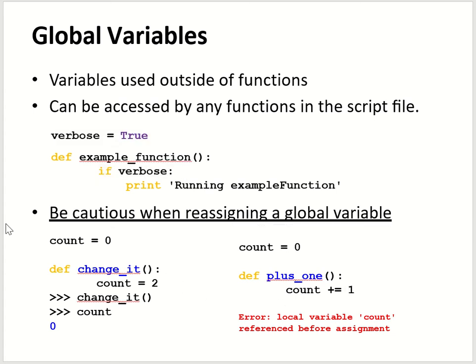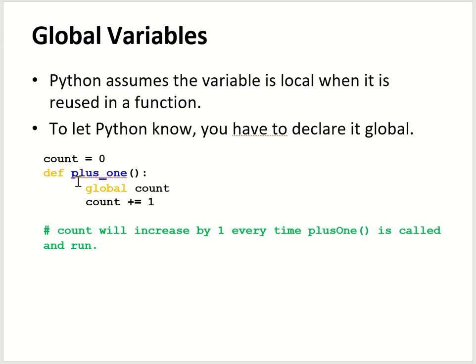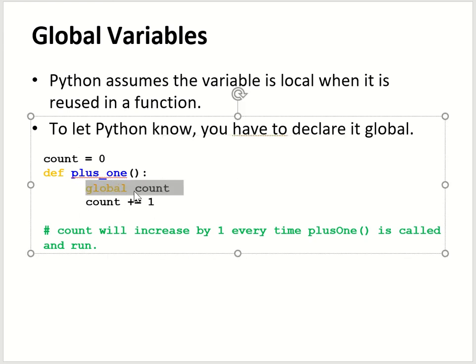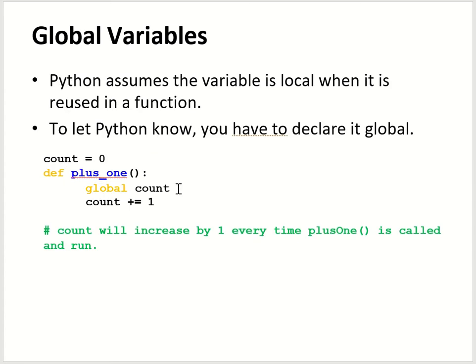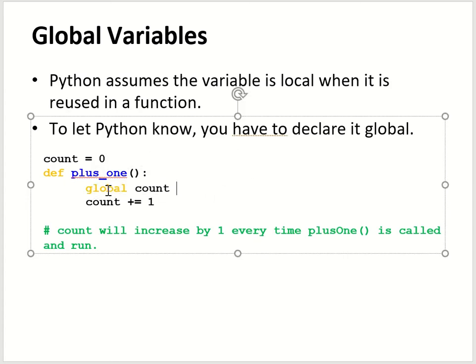Now, one thing that you need to do, though, if you want to reference variables in this way without error, is to declare it within the function as a global variable. So whereas this script, count equals 0, count += 1 to increment count, would throw an error because count was never declared within the function, if you simply reference it here with global count, the function would work.